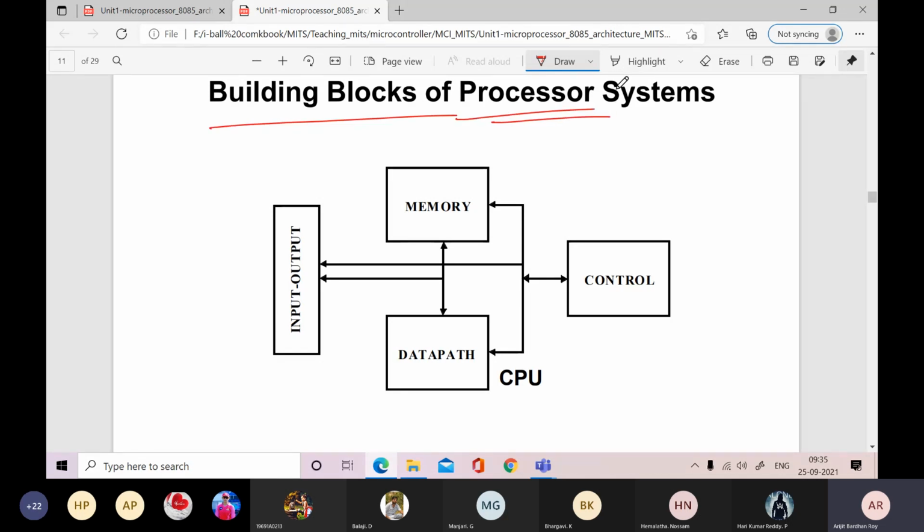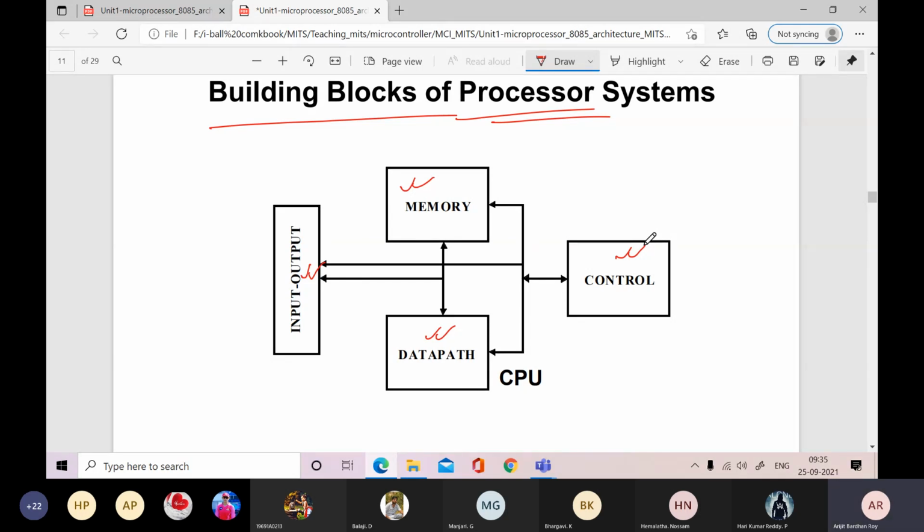In this processor system there are 4 major blocks, not components: one is input output, one is the memory, then the data path, and control. Simple. This is the simplest processor design.